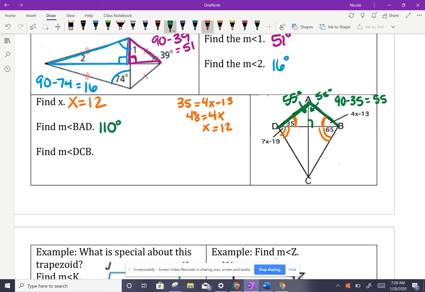And then if we were to find angle DCB, so the whole angle down here, well, we have a quadrilateral. Quadrilateral has a sum of 360. We have 110. We have 35 times 2 plus 65 times 2.